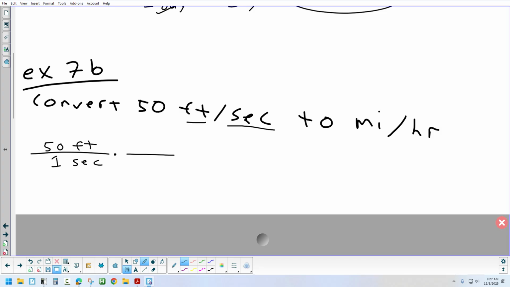We try to go 1 unit at a time without skipping a unit in between. We're trying to get seconds to hours. So what unit are we going to go through to do that? Yep. 60 seconds. So yeah, there's 60 seconds in 1 minute. So we need the 60 over 1 because we want seconds to cancel out.